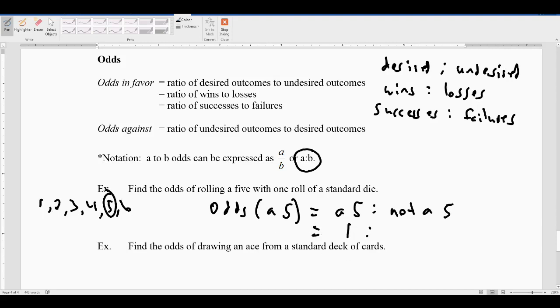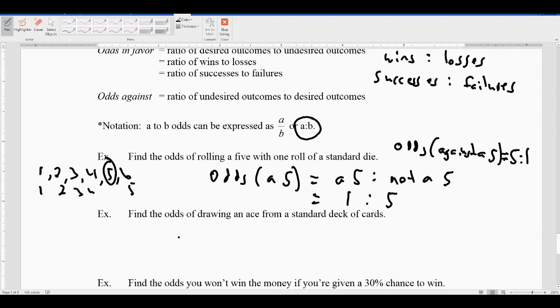And then how many ways can you not roll a 5? 1, 2, 3, 4, 5. So 5. So you have 1 to 5 odds of rolling a 5. And then it's 5 to 1 against rolling the 5. So let me write that out. Odds against a 5 will be 5 to 1. See how that reverses?